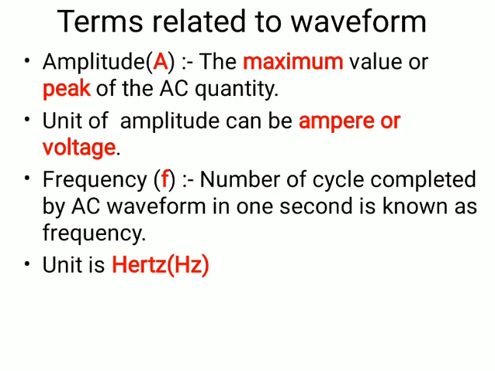Next, let us do the terms related to waveform. We have done all these things in chapter number 2, so here again we will go through these definitions. The first one is amplitude, represented by A. It is the maximum value or the peak value of the AC quantity, or we can say of the waveform.